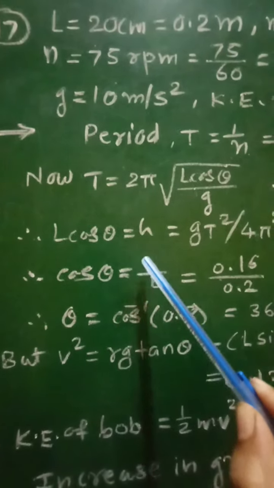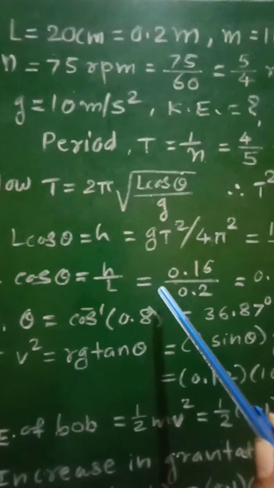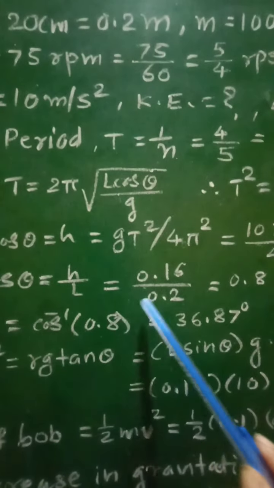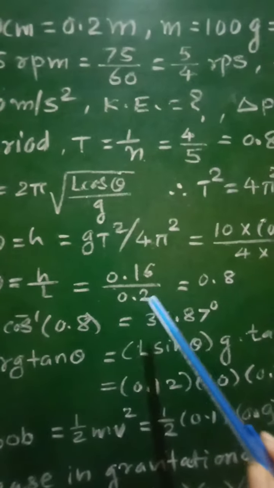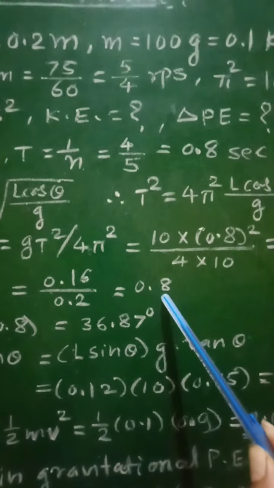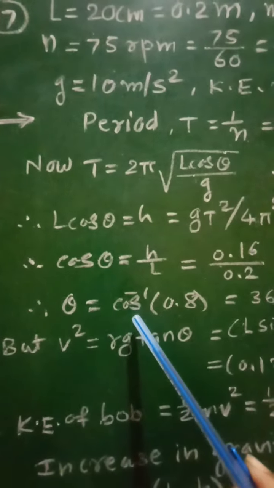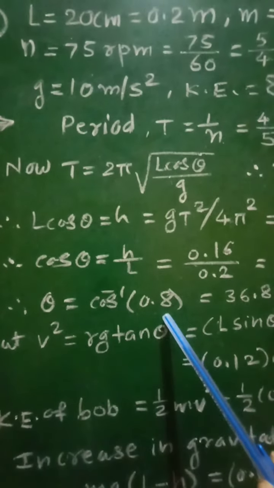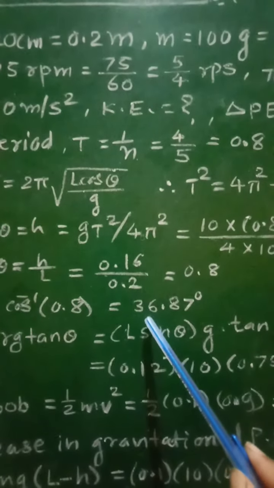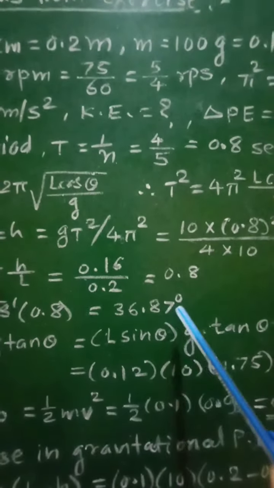So cos theta equals 0.16 divided by 0.2, which comes out to be 0.8. So this will be the value of cos theta, and therefore theta will be equal to cos inverse of 0.8, which is equal to 36.87 degree.